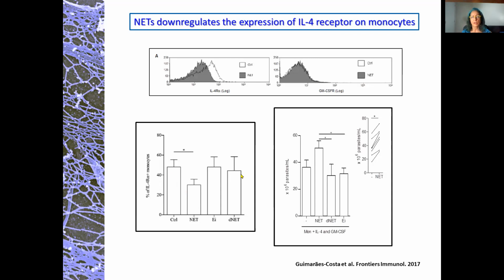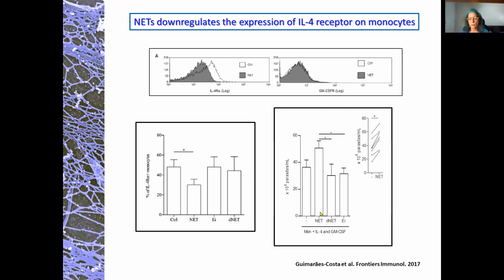Of course, we measured some cytokines, some other markers of the dendritic cells in macrophages, but it's important to show that the macrophages that are being differentiated in the presence of NETs are much more permissive to the parasites.